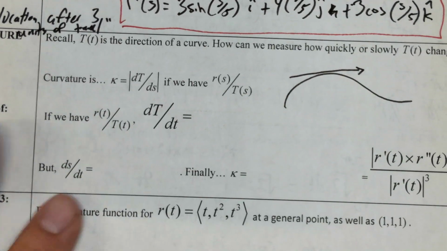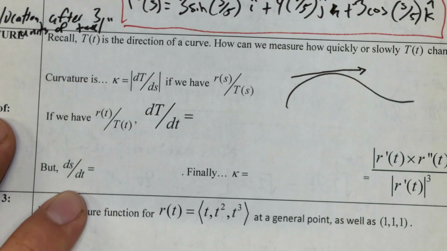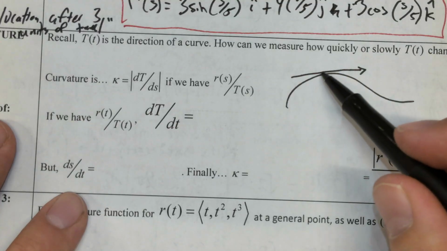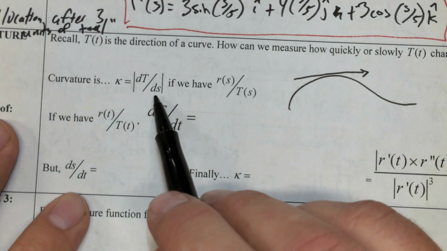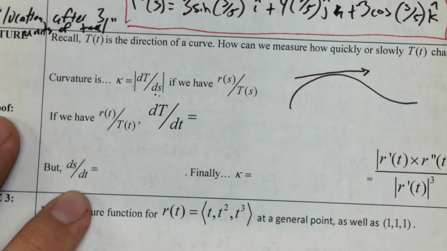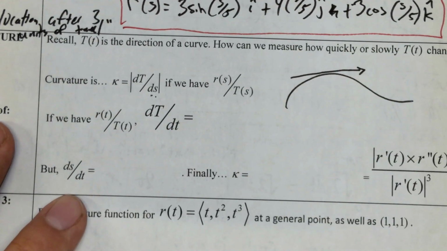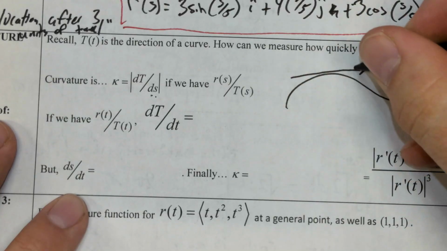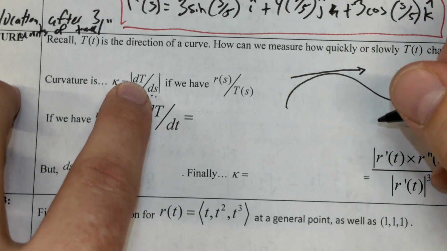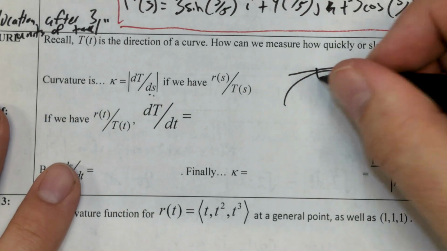If there's no curvature, that T never changes. But if that T does change, it's not going to change with respect to time, it's going to change with respect to curve length. So it's how much is my tangent changing, dT/ds, with respect to s.